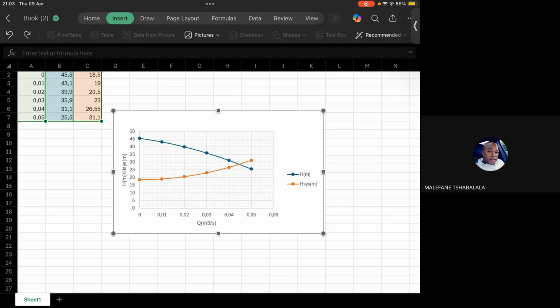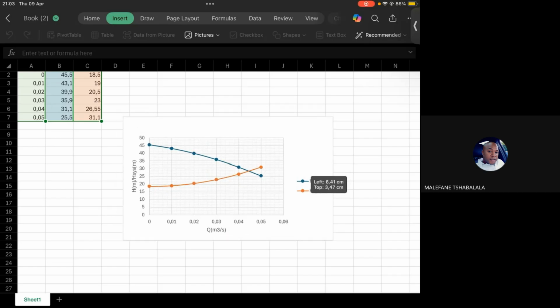Yes, I just did. And then under Insert, there is Charts. Go to Charts. Yes. And then under Charts, of course, you'll find different types of graphs, right? Yes. Then you select scatter plot. Okay, I selected it.